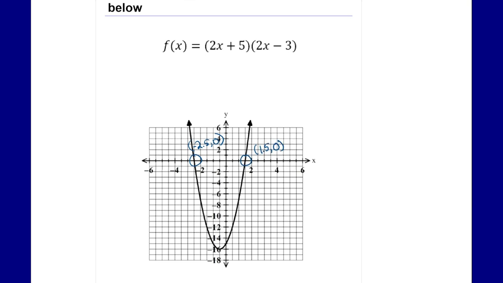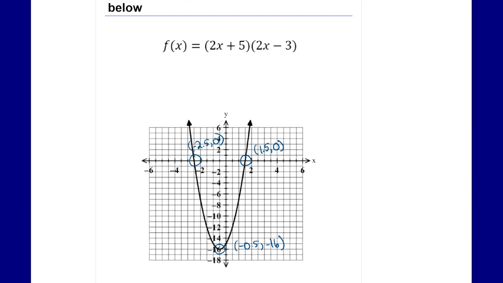Those are our two x-intercepts, and we can see a vertex down here at, it looks like, (-0.5, -16). So again, we're finding the same components, the same characteristics we were looking for, but now seeing them in a graph.